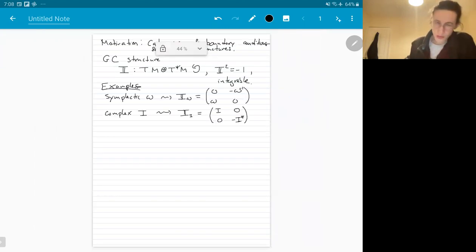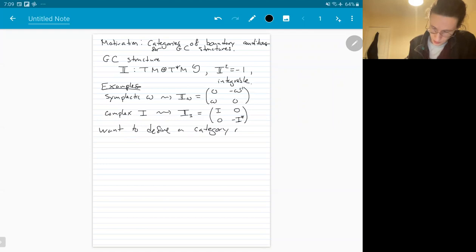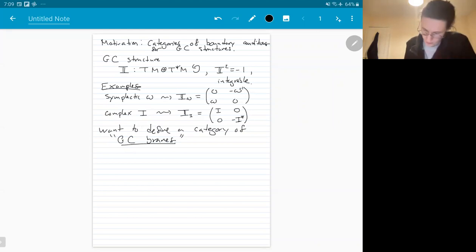Okay, but for a general GC structure, we want to define a category of boundary conditions or GC branes, something like this.